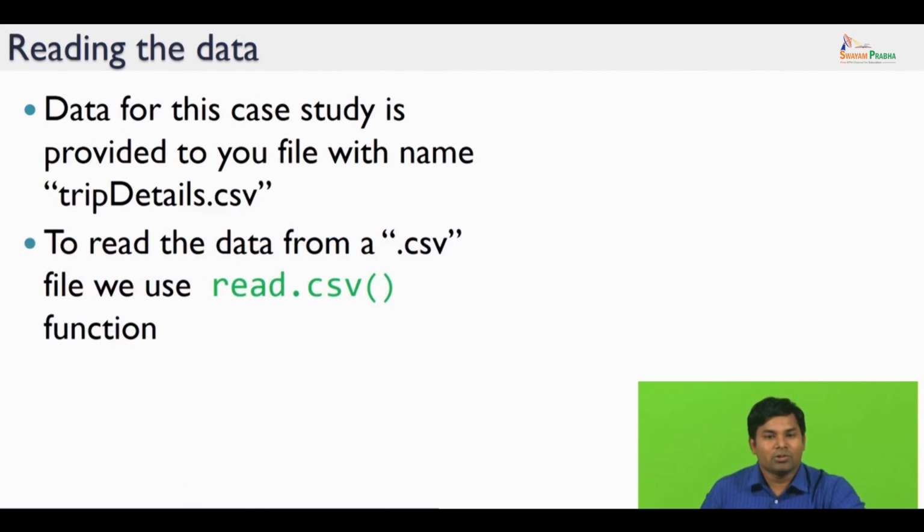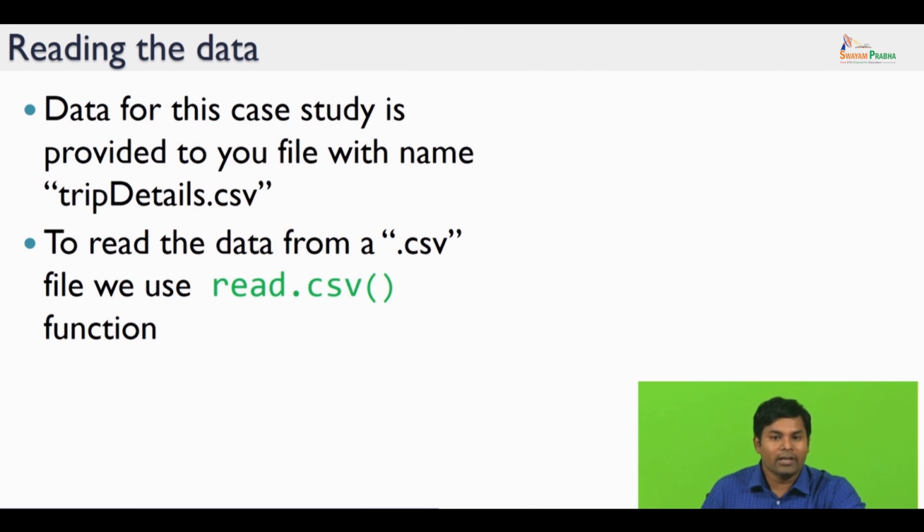The next step is to read the data from the given file, and data for this case study is provided in a file with name tripdetails.csv. If you notice, the extension of this file is .csv, which means comma separated value file.